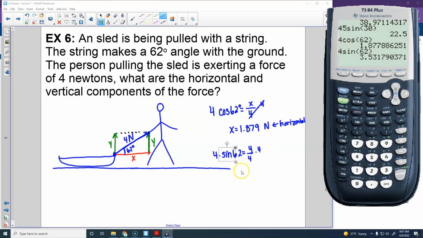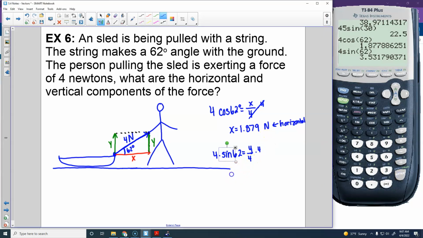And we've got Y is going to equal 3.532 newtons. That's our vertical force. So certainly this person is using a lot more force upward than they are forward.